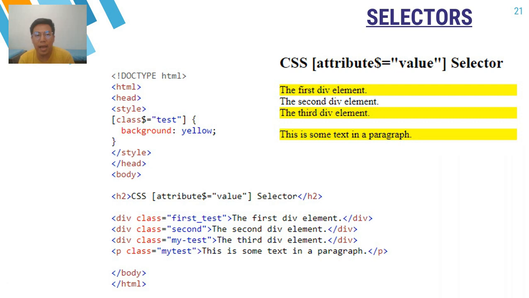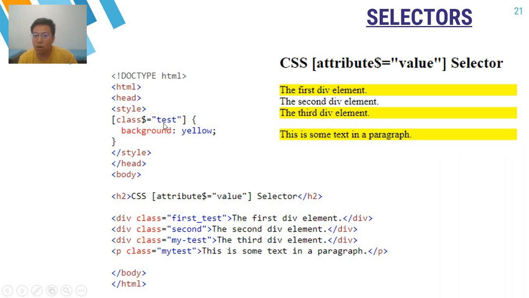Next we have the dollar selector. Using the dollar selector, the end word should have that particular value. In this case, we have first test, second, my test, and my test for the classes. On the CSS part, we use the dollar symbol, and the equal value will be test.